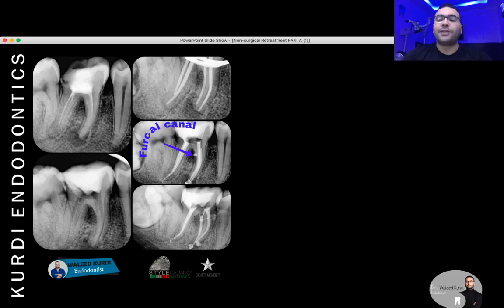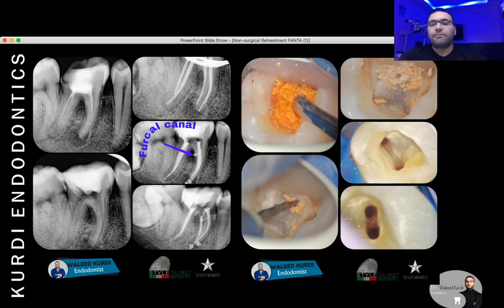I removed the gutta-percha the same way as I told you, and then I made my master cone checkup, obturation, and you can see here we have this focal radiolucency, and this focal radiolucency is related to a lateral canal, and you can see it in the x-ray.